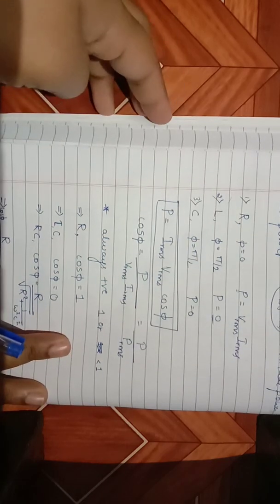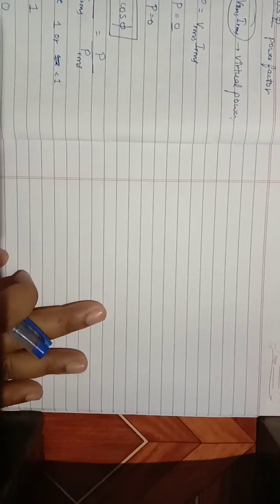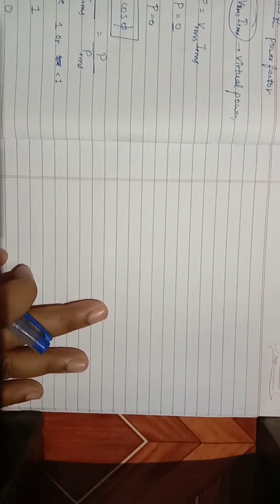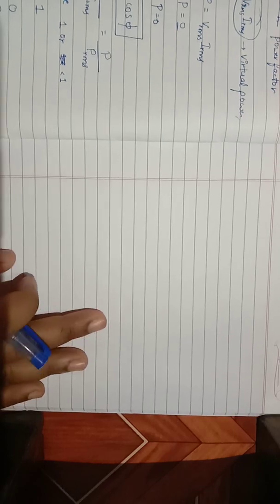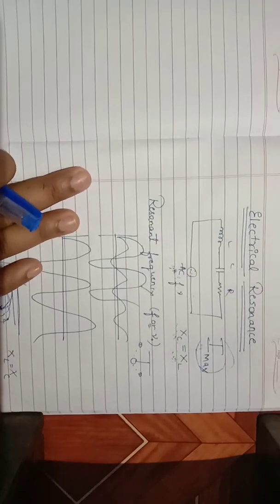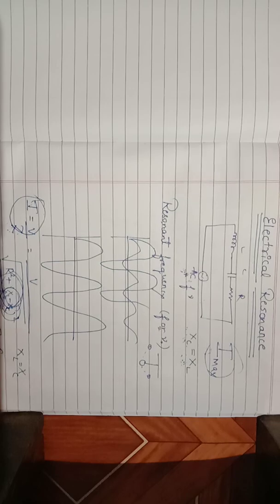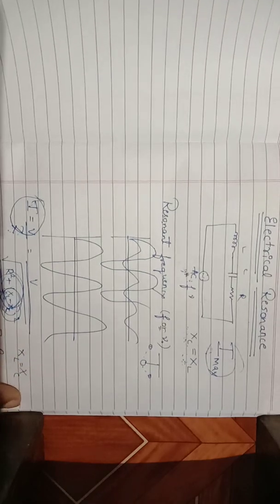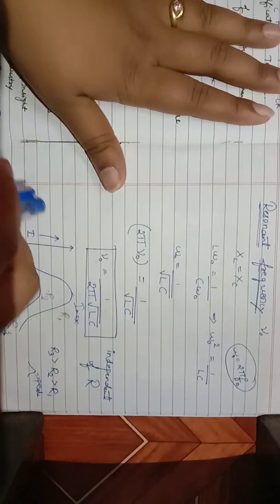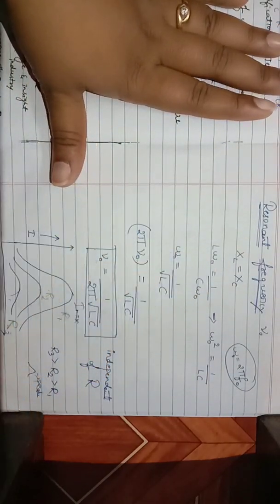This is about the power factor and power of an AC circuit. Okay, so our time has finished. So today we learned about electrical resonance, all the things we have studied here, and the resonant frequency, the expression for resonant frequency.